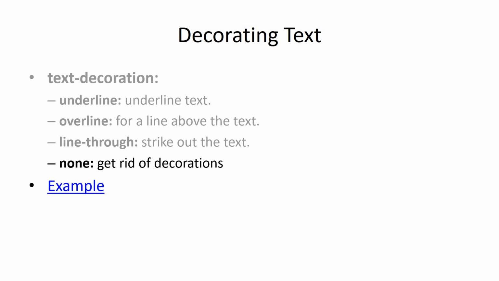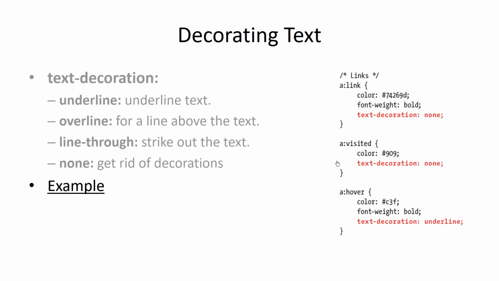Let's look at this example. Here we have a few text decoration formattings for different states of the link. For a normal link, it says text decoration none, so that removes any previous text decoration. Usually there will be a line under a link, and this will remove that.